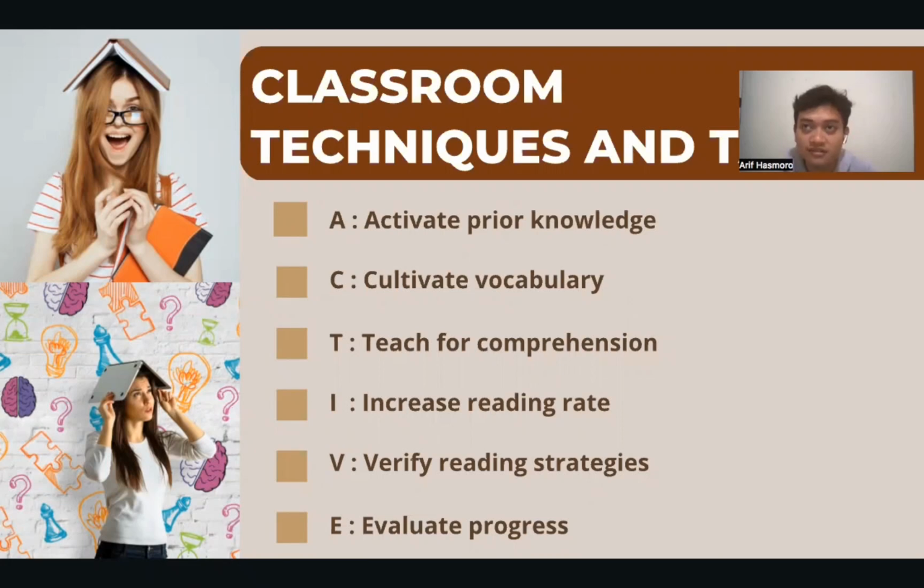Types of music contain jazz, country, Britpop, rock and roll, and so on. And then elements of music can be rhythm, harmony, tone, melody, instrument, and so on. Then T stands for teach for comprehension.